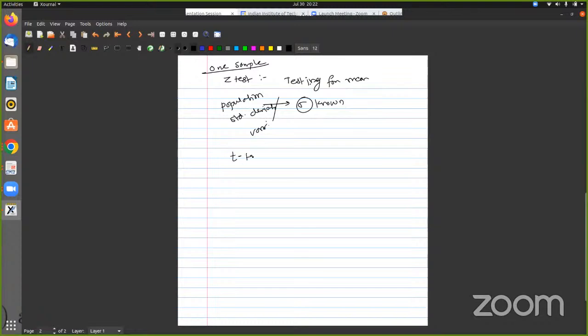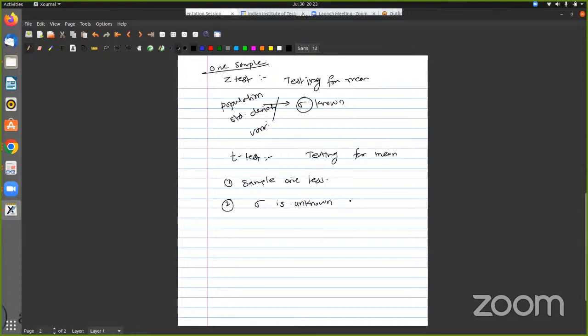Then when we'll use T test is for also testing for means, right? But here there are actually two things. One is the samples are less, so when the sample is very less, and another thing is here sigma is unknown.